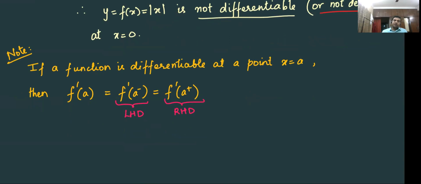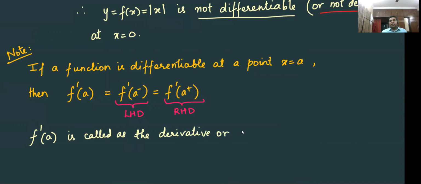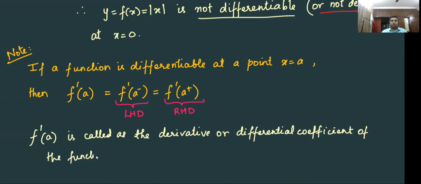So this f dash a is called the derivative or differential coefficient of the function y equal to f of x at x equal to a.